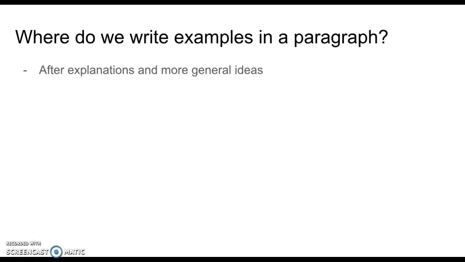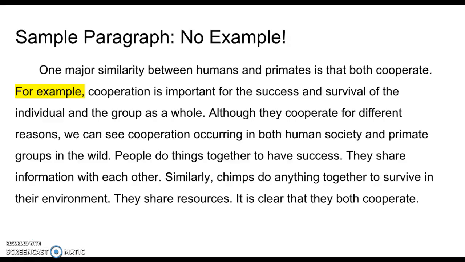Let's take a look at some sample paragraphs with some not so good examples and some better examples. So here's one paragraph. One major similarity between humans and primates is that both cooperate. It's our topic sentence. For example, cooperation is important for the success and survival of the individual and the group as a whole.